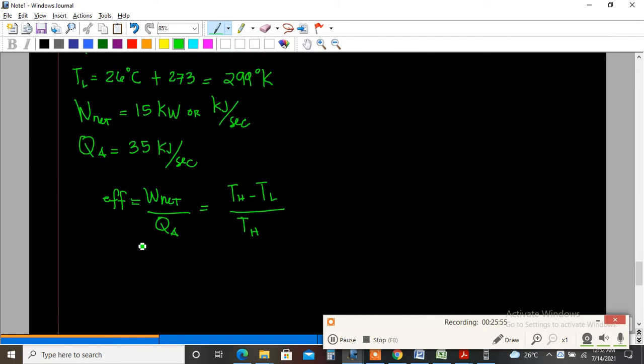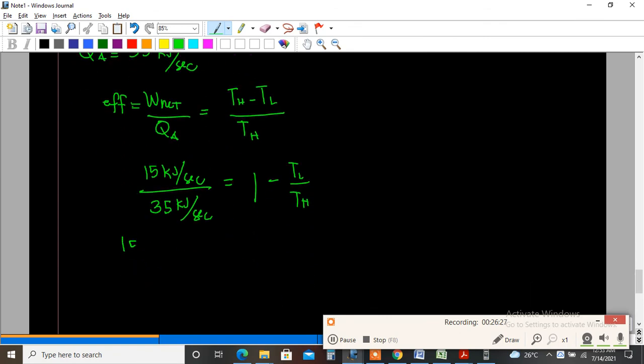So work net will be equal to 15 kilojoules per second over QA, which is 35. Same units. Let's manipulate for temperature high. 15 over 35 is equal to 1 minus TL over TH.